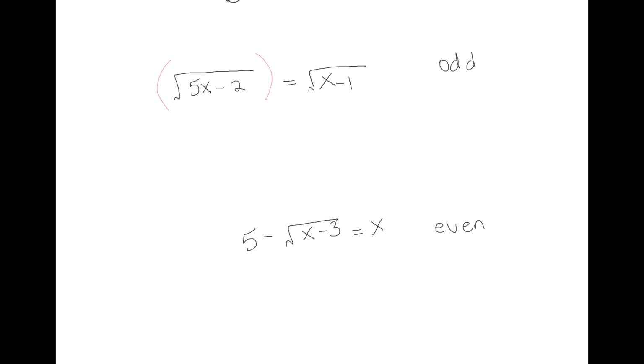You're just going to square the left side and square the right side because they're already isolated.